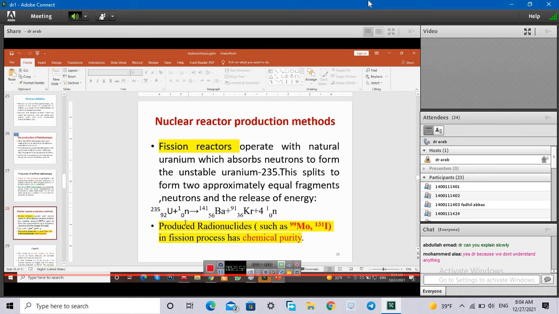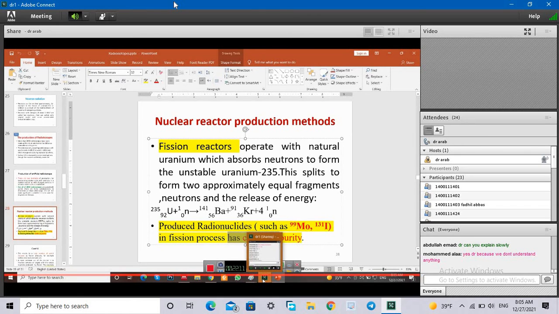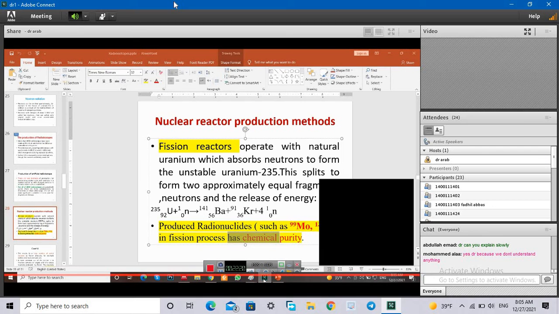In the fission process we can have radionuclide daughters with high chemical purity. It is very important for radionuclides that we want to use as radiodrugs.